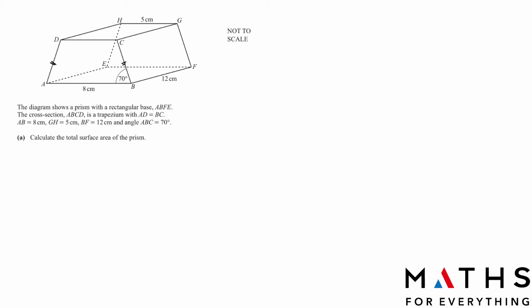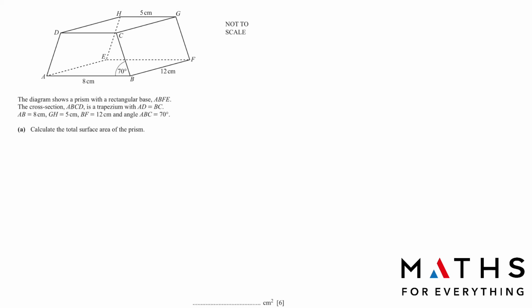So they are the same. And the other things that are given are AB is 8, GH is 5, and BF is 12 centimeters. The angle ABC is 70 degrees. Calculate the total surface area of the prism.